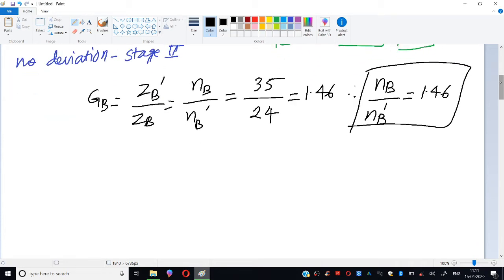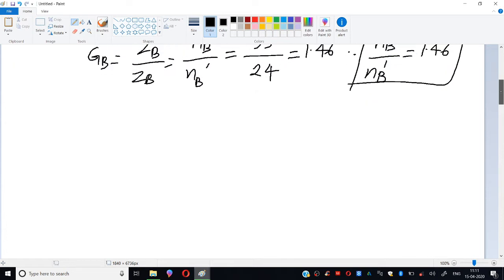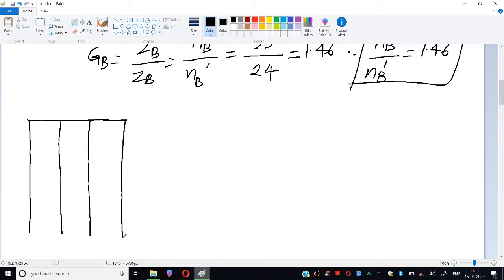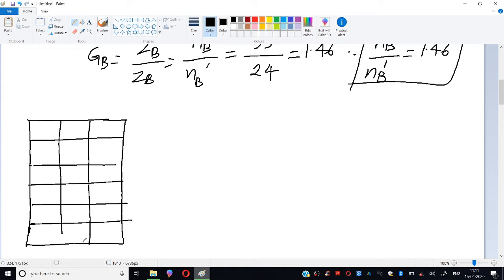Now after getting this value 1.46, we will calculate the deviation speeds, theoretical and practical. For that we are going to make one table, and before that we need the speed chart. I'll quickly draw a speed chart over here. We have already drawn a speed chart. It has 4 shafts and 7 speeds, 1 2 3 4 5 6 and the last one is 7.